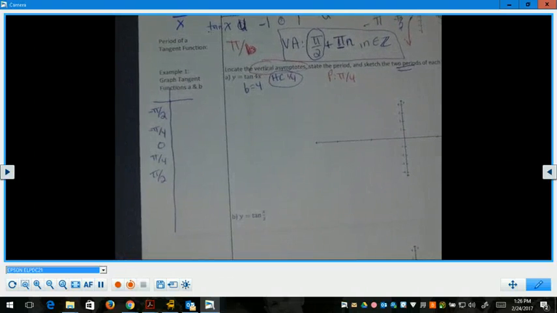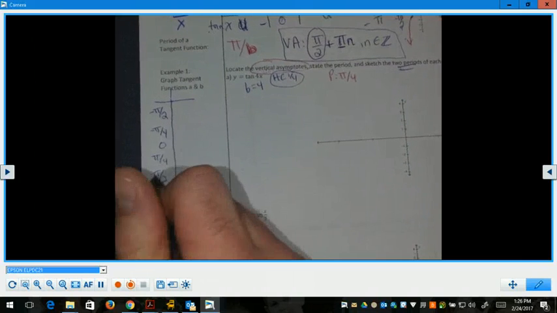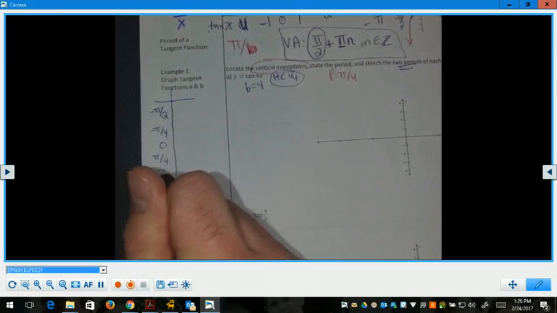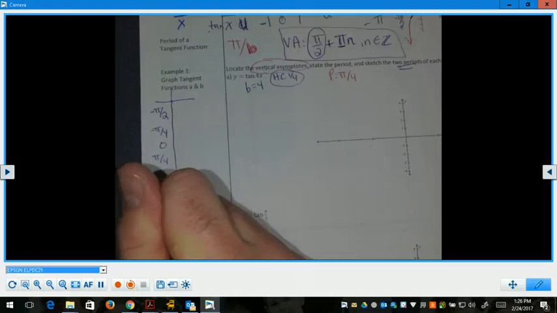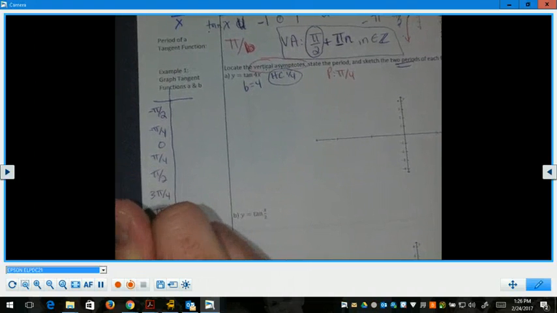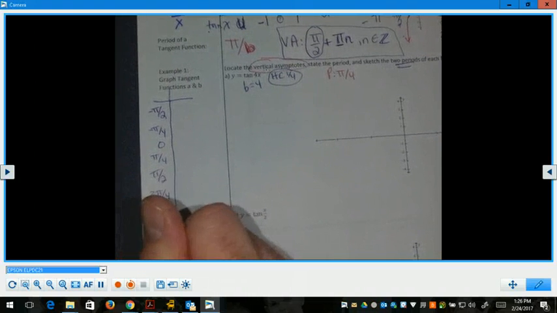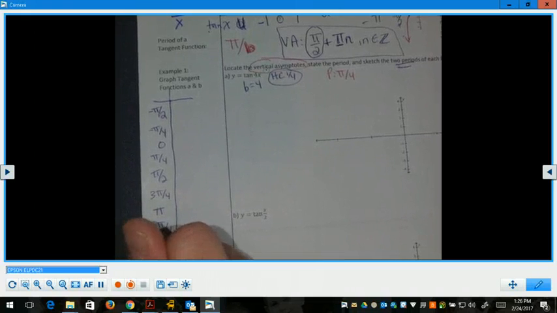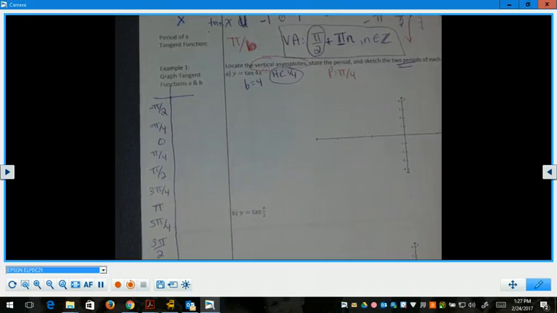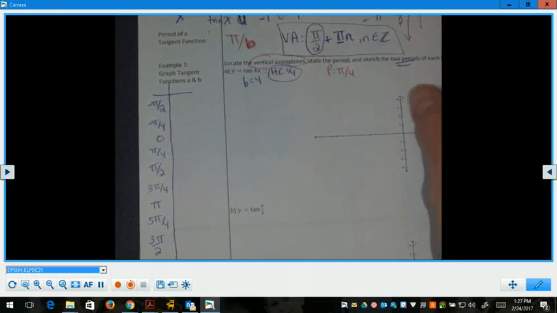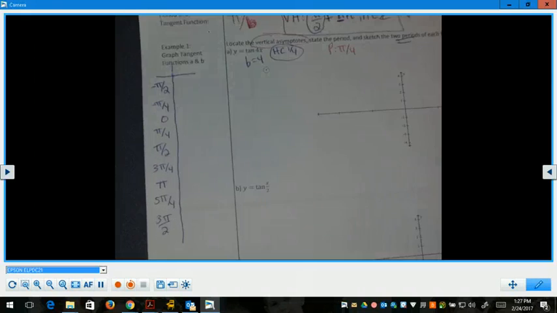So negative pi over 2, negative pi over 4, 0, pi over 4, pi over 2. There's our first period of tangent. Using the unit circle, the next value is 3 pi over 4, and then pi, and then 5 pi over 4, and then 3 pi over 2. So my list got a little longer than I wanted it to. That's okay.